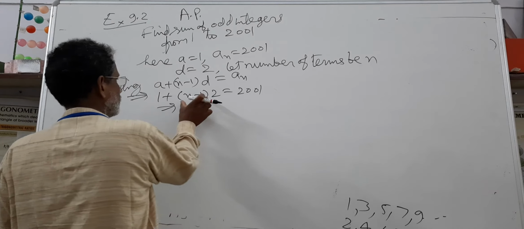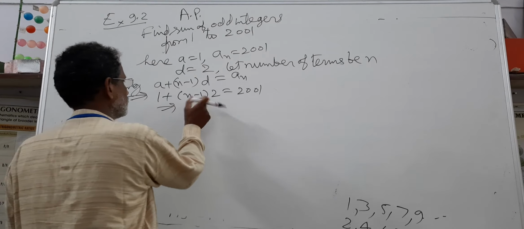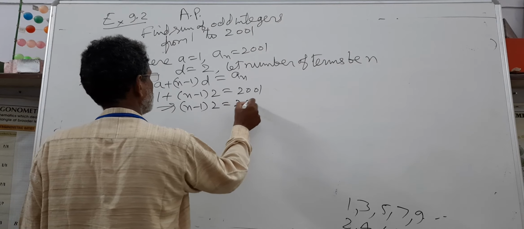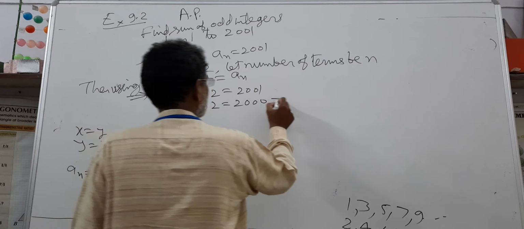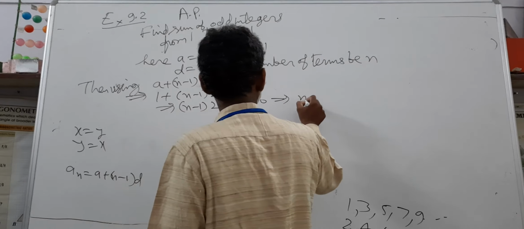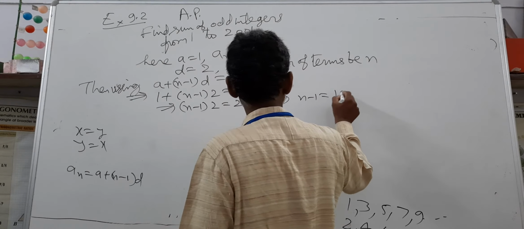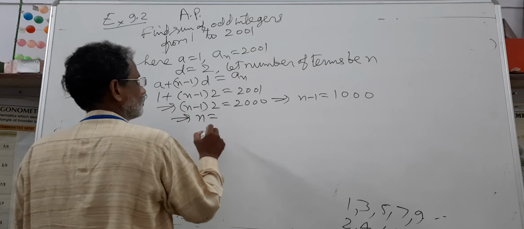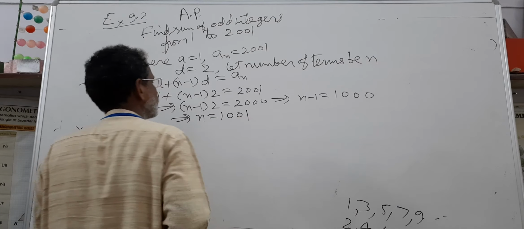This implies, never open this bracket, n minus 1 into 2 is equal to 2000, implies n minus 1 is equal to 1000, implies n is equal to 1001.